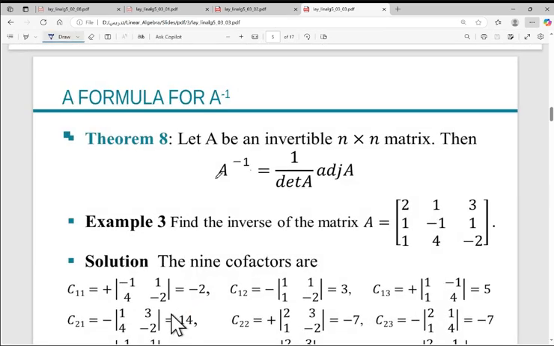Multiply both sides of this equation by A. Then what will you have?